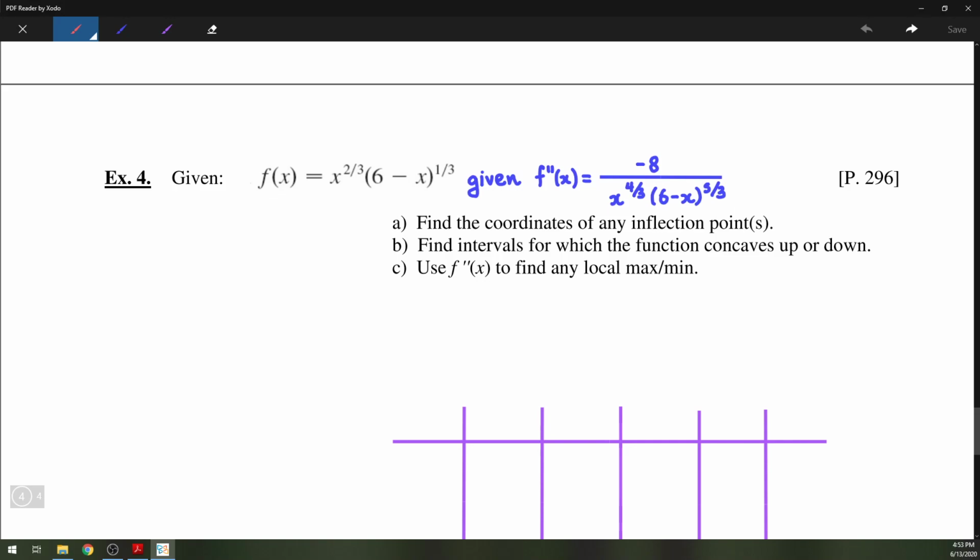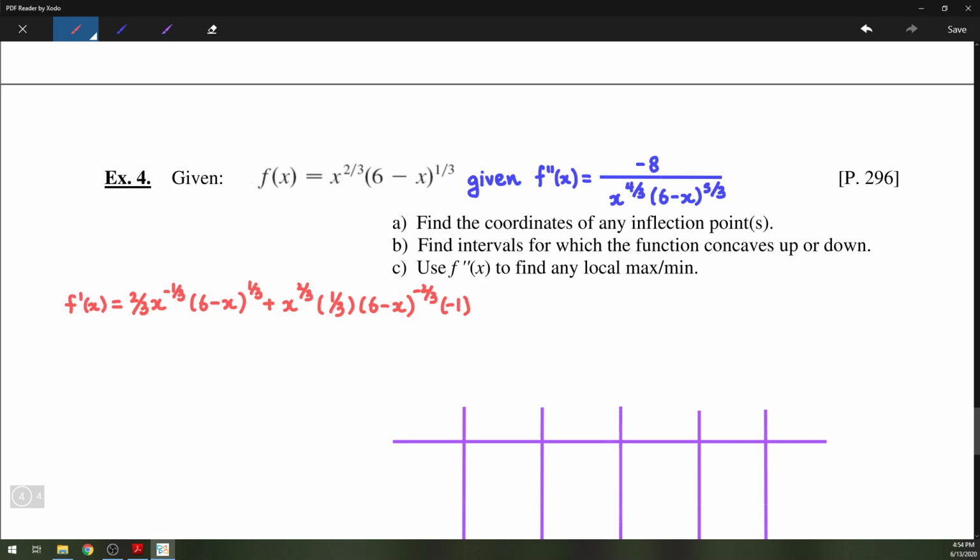Let's see, we have f prime of x is equal to 2/3 x to the negative 1/3 power, and then of course 6 minus x to the 1/3 power, plus x to the 2/3 power, and then we have 1/3 times 6 minus x to the negative 2/3, and finally a factor of -1 from the chain rule.